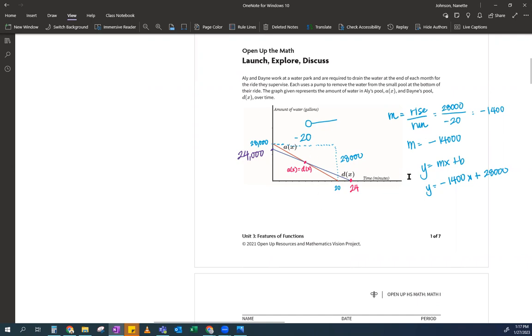What does it mean? Like in terms of Dane and Allie, were they cross paths? Kind of. But think about what's happening. So Allie and Dane each have a pool of water that they're draining, right? And Allie's pool has more water and Dane's pool has less. And then at this point, they intersect. What does that mean?